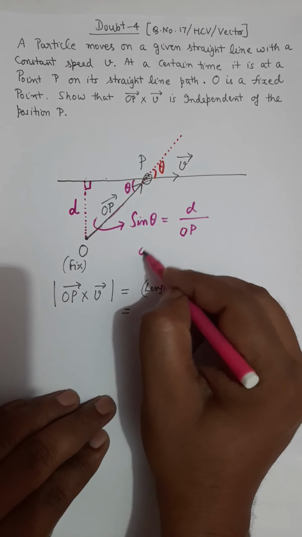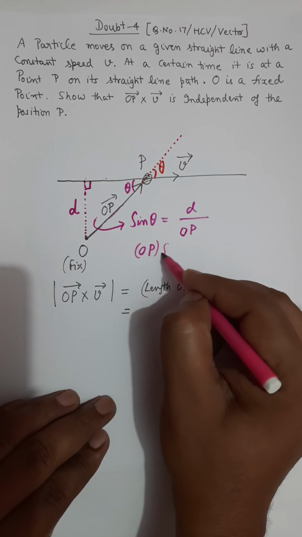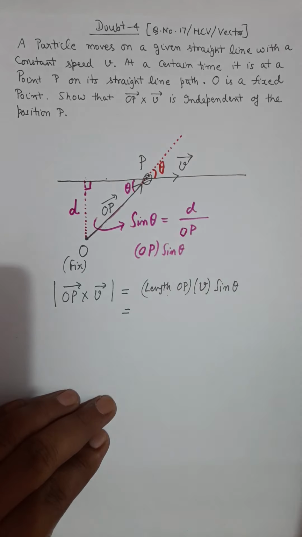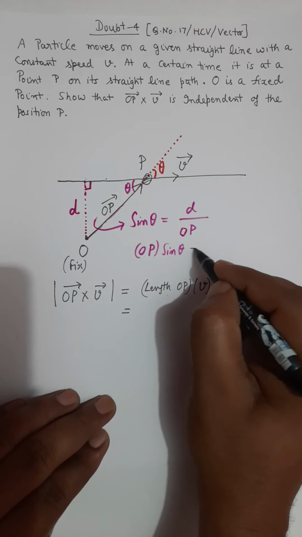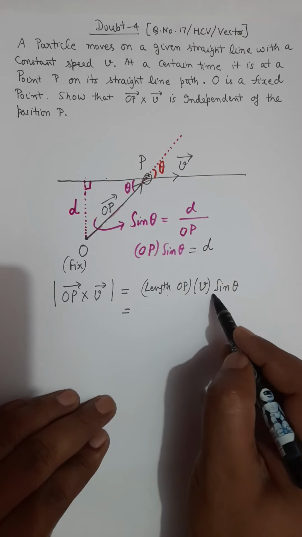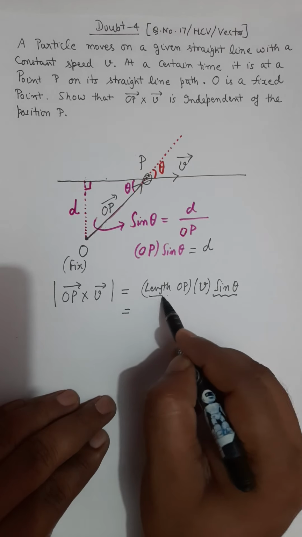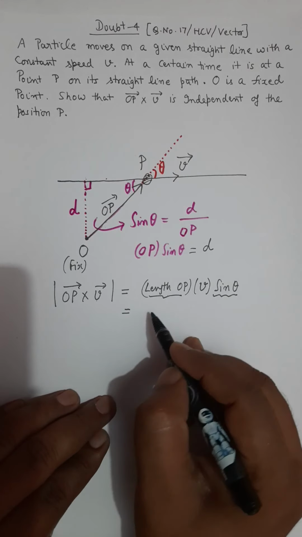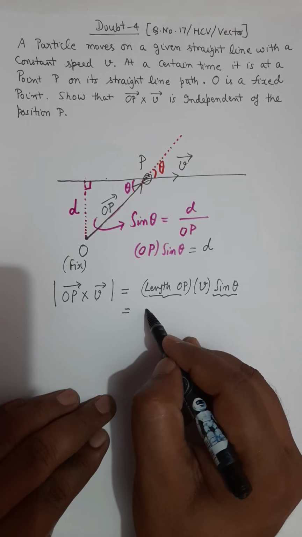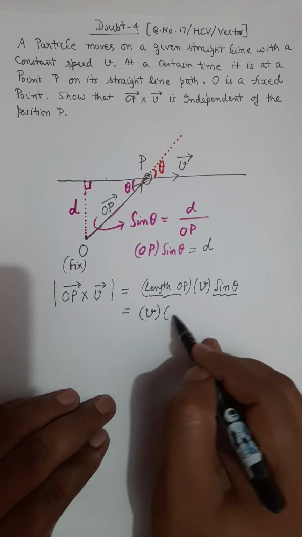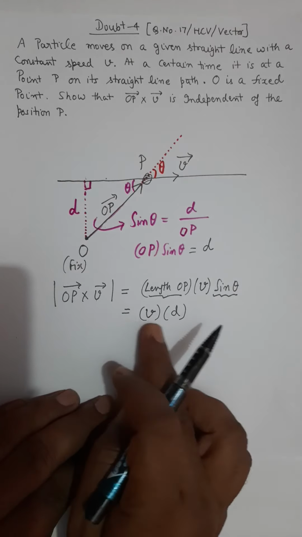That means OP multiplied by sine theta is nothing but d. So this product can be written as d. So now it is V multiplied by d. Answer is V multiplied by d.